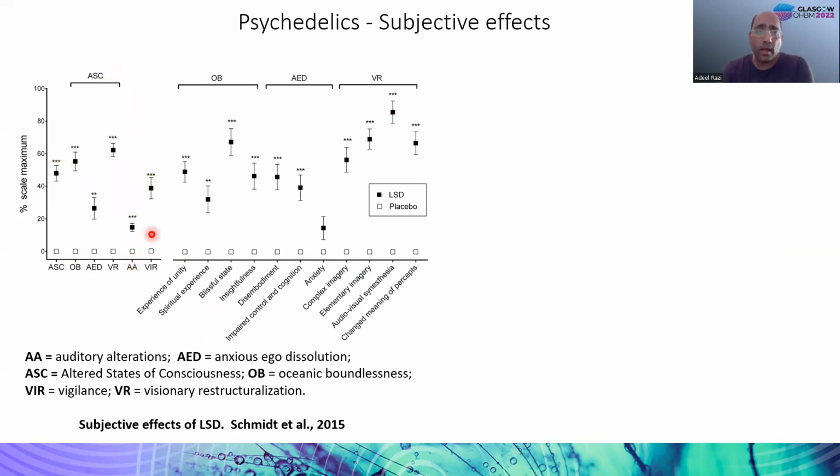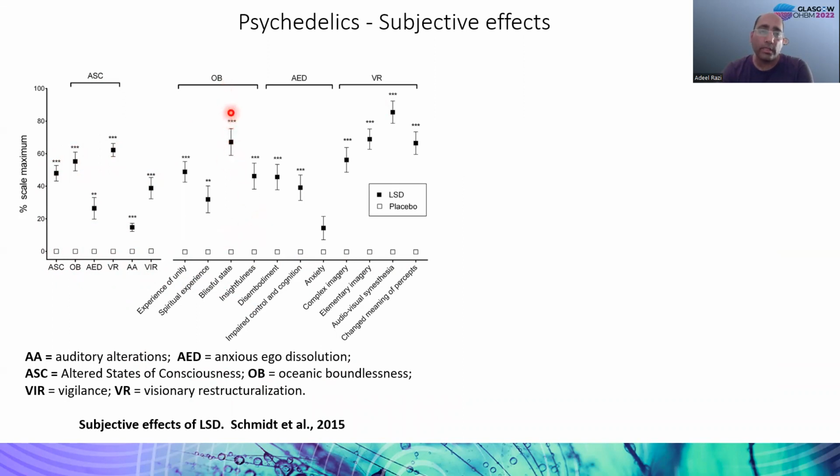There are 5 components of this scale, which are here, and their composite is here with altered states of consciousness. We see a pretty big effect on one of the scales called oceanic boundlessness, and another one called visionary restructuralization. And these two also have subscales.